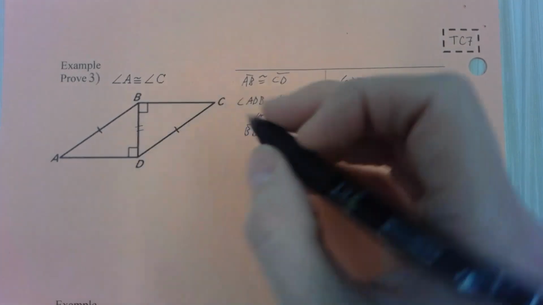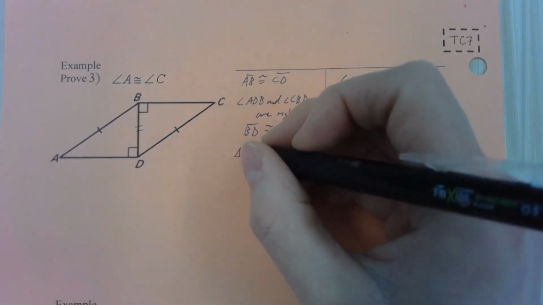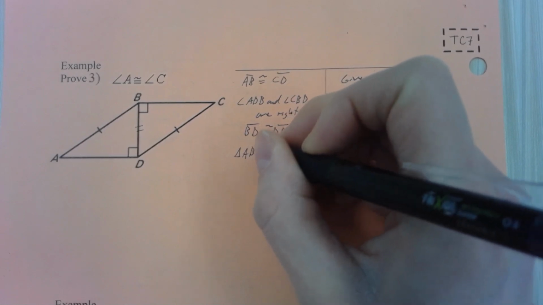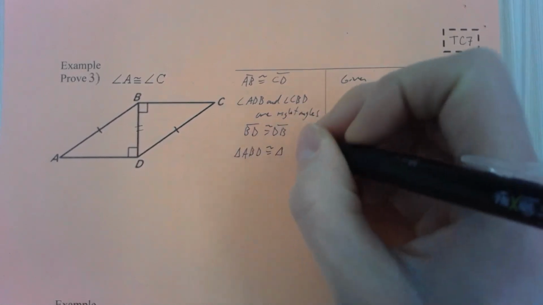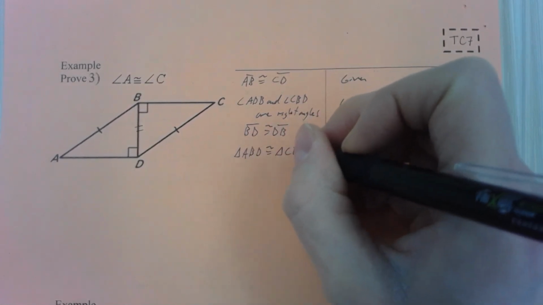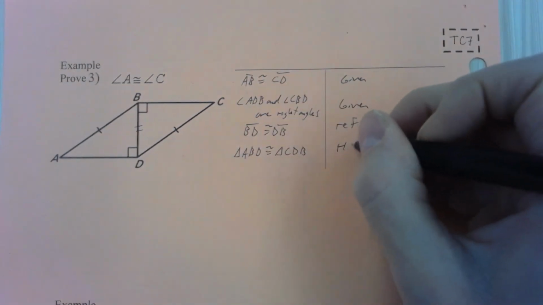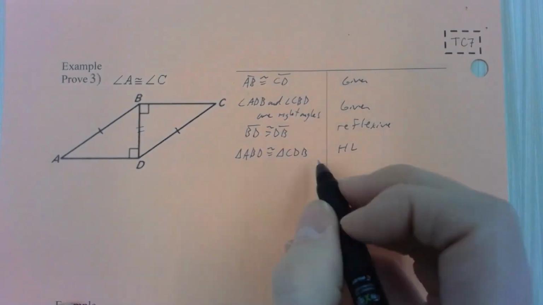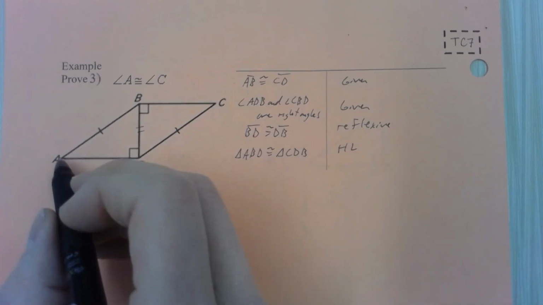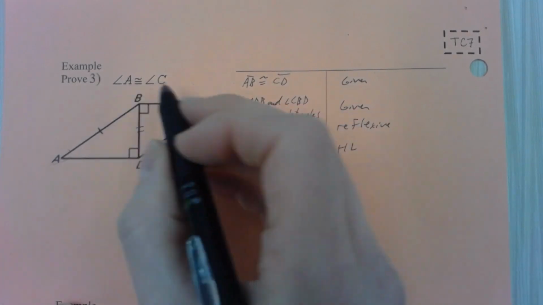And now we have a hypotenuse and a leg. We're going to be able to say that the triangles are congruent. Triangle ABD is congruent to triangle CDB by HL. And now that we know that the triangles are congruent, we know that their corresponding parts are congruent as well.